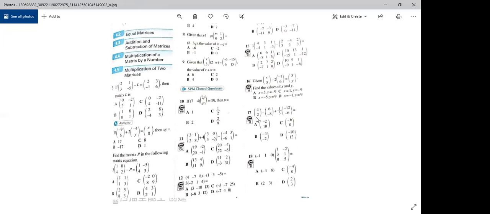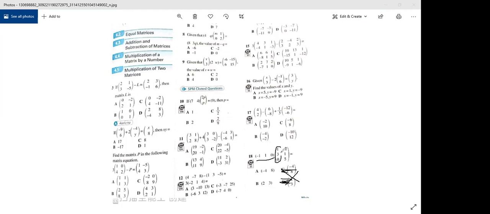Okay, next one. This one is 1 times 3 and 3 times 2. So the end product will be 1 times 2. So we multiply into it. How to get it?